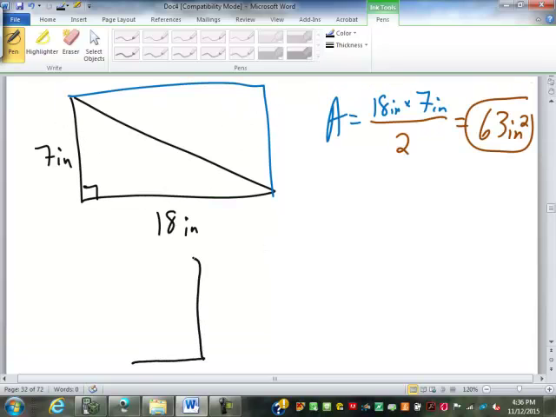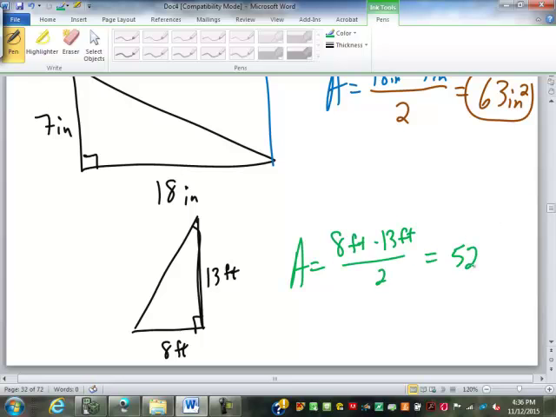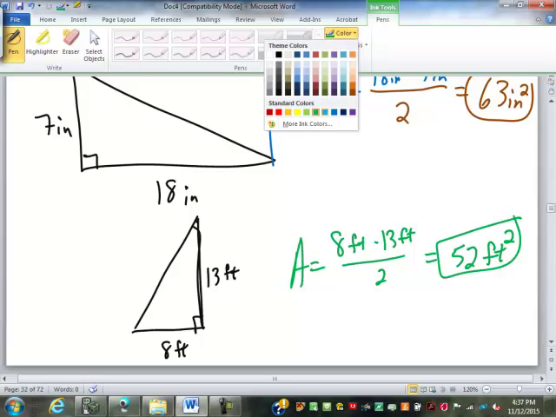So, let's say I have 8 feet by 13 feet. What's the area of that triangle going to be? 8 feet times 13 feet divided by 2 gives me 52 square feet.